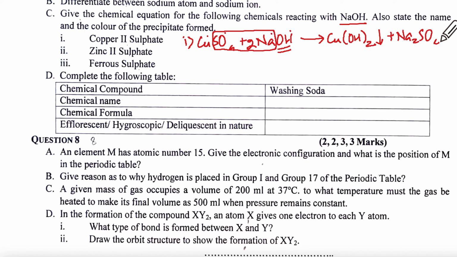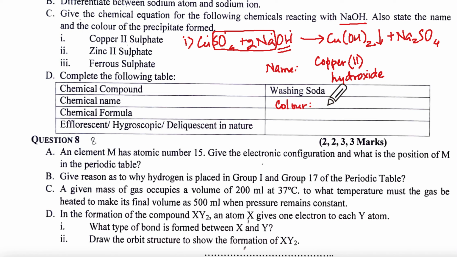Now this Na2SO4 will be colorless, but what is this? They are telling you to state the name and the color of the precipitate. What will be the name of this? Copper 2 hydroxide. Don't just say copper hydroxide. Understanding? And what is the color of it? So the name and the color.